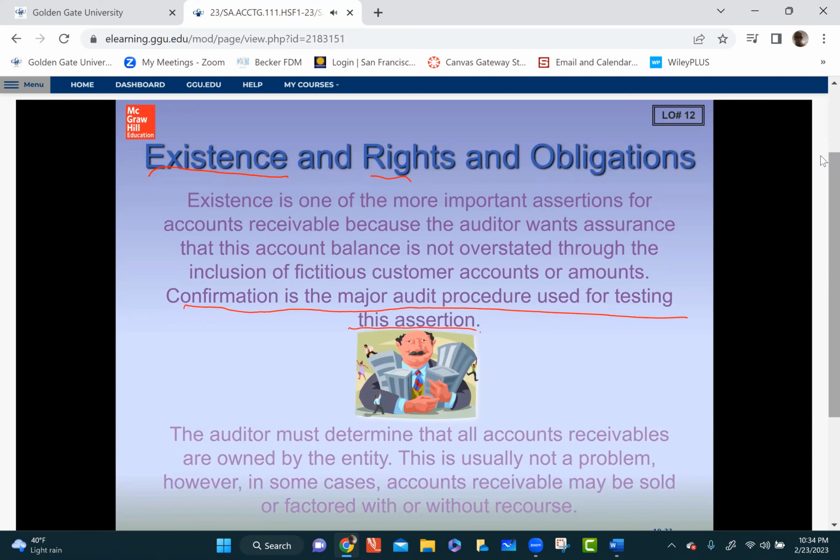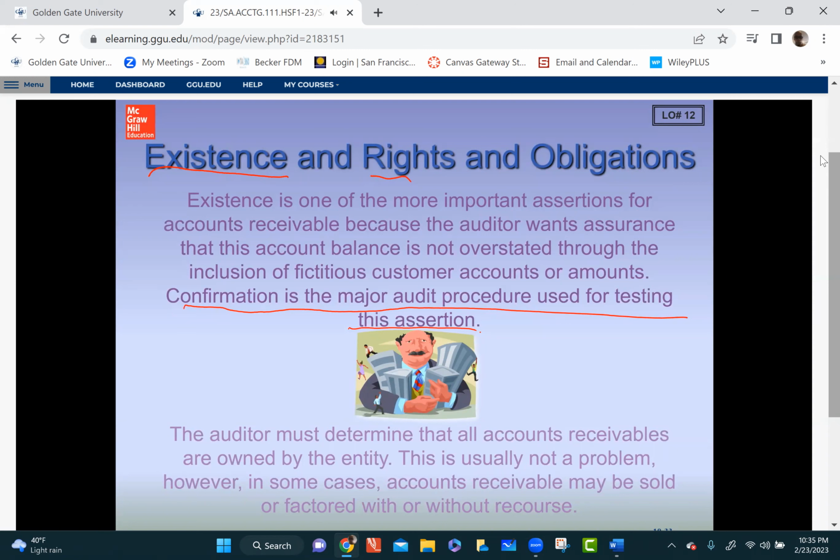Now with confirmation, what do we do? We'll probably use one of these data analytic tools using our audit sampling, where remember we could stratify, take off some big receivables, but then we might use data analytics software like IDEA or something like that to pull a sample of accounts receivable, where we put in the parameters of what it is that we're wanting.